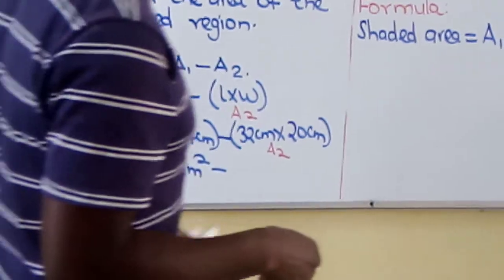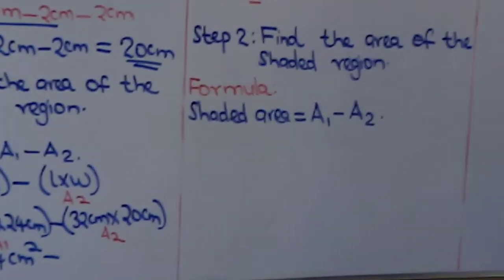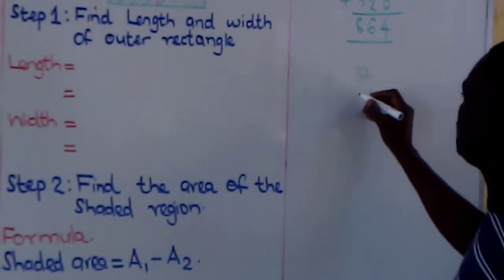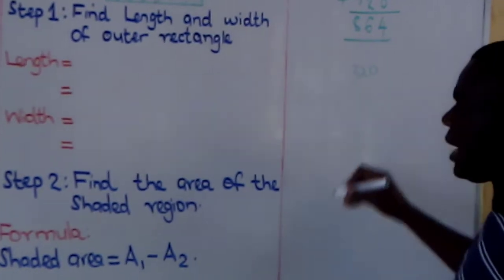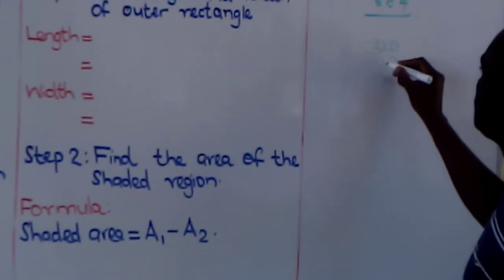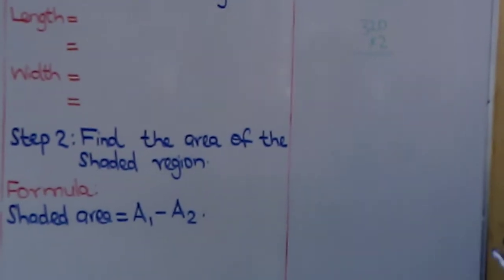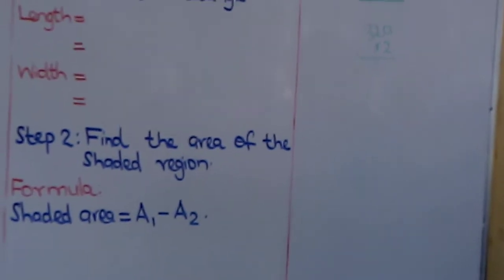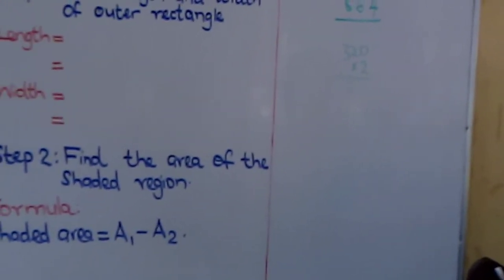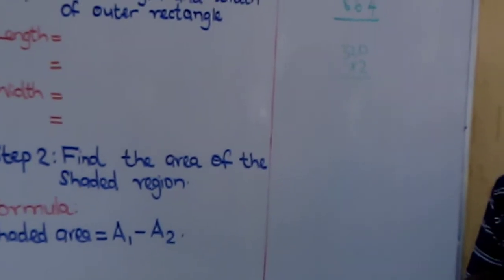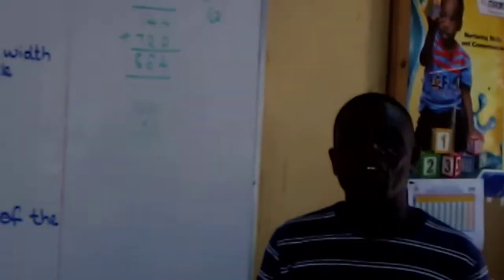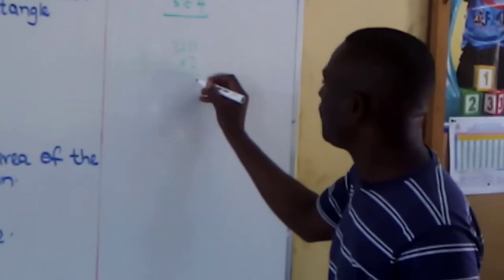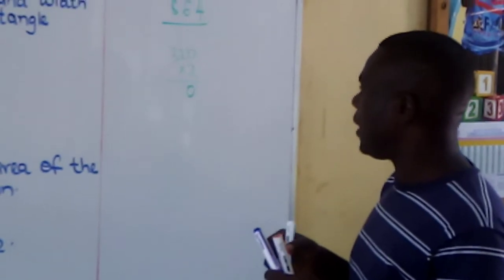Let us find the product of this. 32 multiplied by 20. Remember we said we add a 0 there and multiply by 2. 32 multiplied by 20. What is 2 multiplied by 0? John Wayne? Correct. The answer is 0. Correct. Thank you.